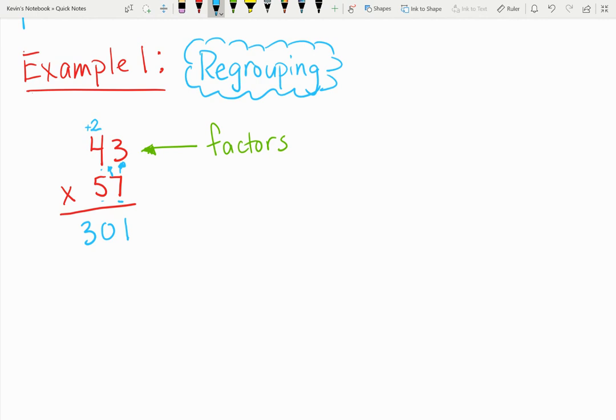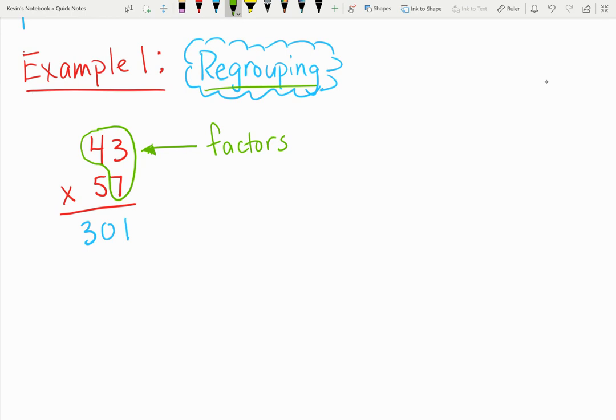What I like to do, it's your choice, you can mark the carryovers out, or you can just erase them so you don't use them in the next part. I have shown my class, and this is from Mrs. Euler, it's called the turtle method. If it helps, it's still considered regrouping. The turtle method, again, it's a Hawaiian turtle head.